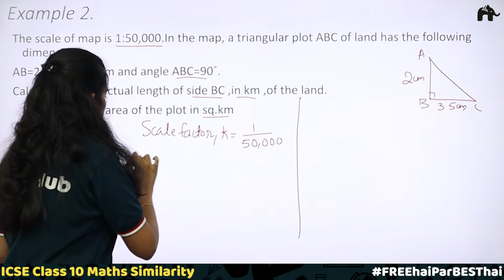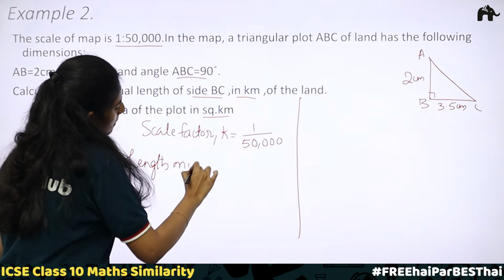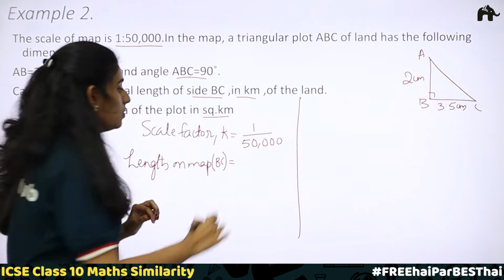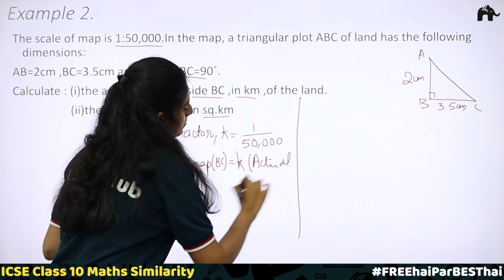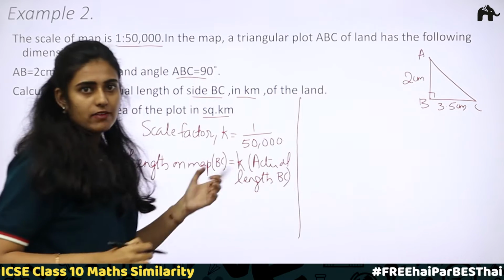Now we have length on map BC will be equal to K into actual length BC.